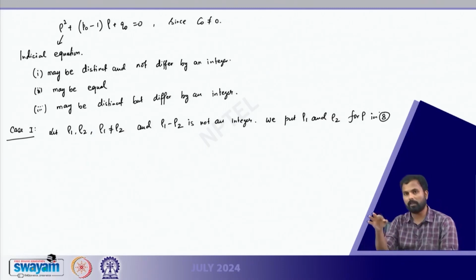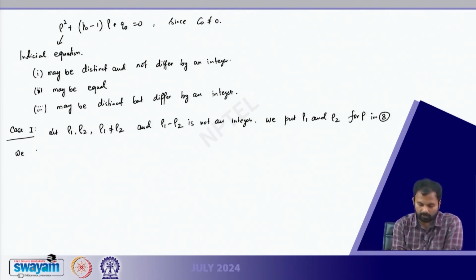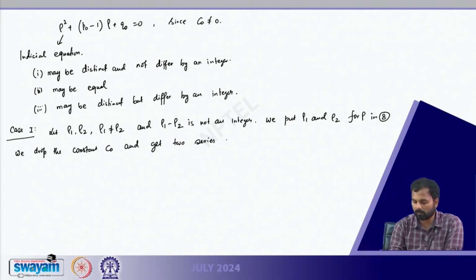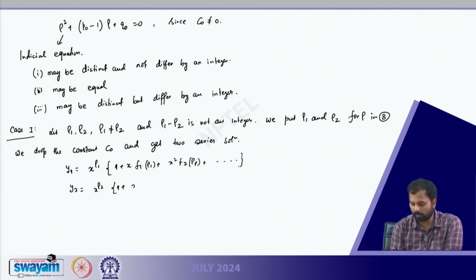So first you put rho 1 and you get one solution, then you put rho 2 and you get another solution, and we drop the constant c0 and get 2 series solutions. The first one will be y1 equals x to the power rho 1, then we will have 1 plus x f1(rho 1) plus x square f2(rho 1) plus dot dot and so on, and y2 will be x to the power rho 2, then we will have 1 plus x f1(rho 2) plus x square f2(rho 2).